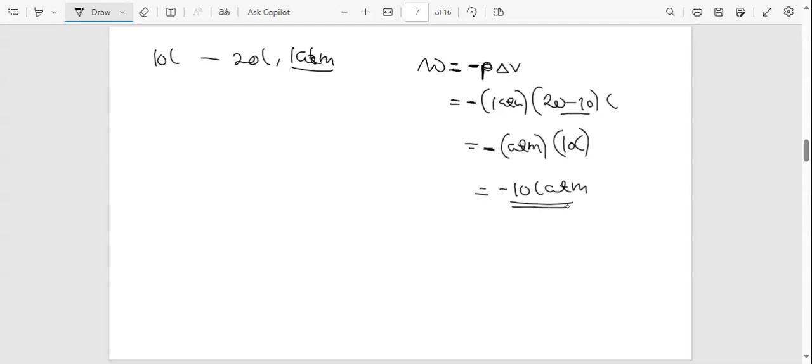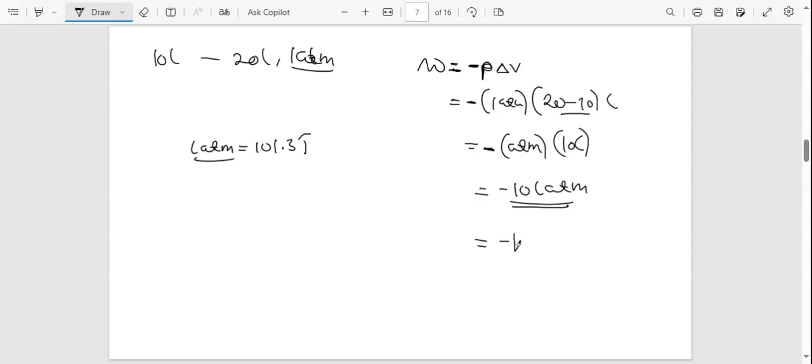Now this work is measured in joules. So we'll use this relationship: 1 liter atm is equal to 101.3 joules. Whenever there's this, we'll put that.